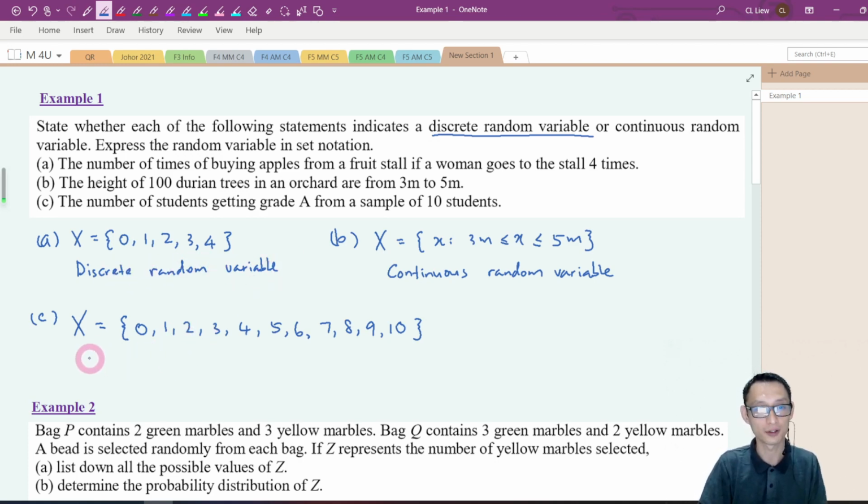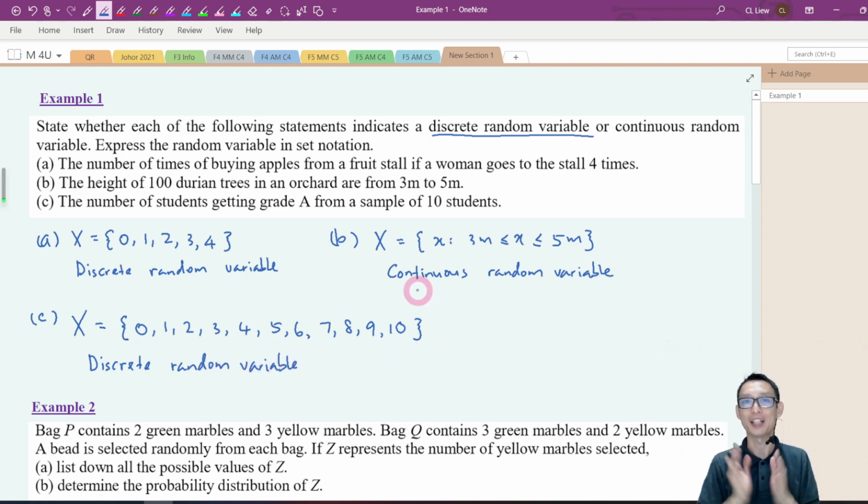We can count it. Discrete, D-I-S-C-R-E-T-E, discrete random variable. Okay, now hopefully you know how to differentiate what is a discrete random variable and what is a continuous random variable.